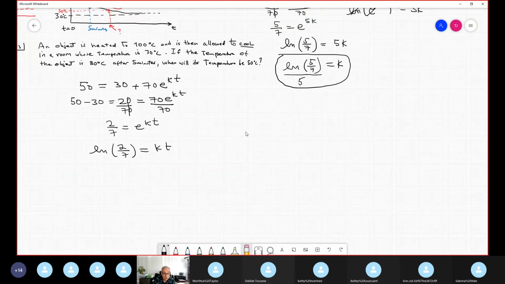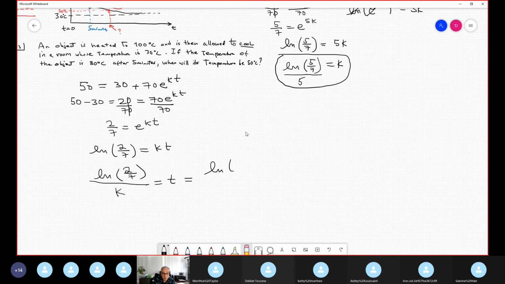Now the T, which is exactly what I'm looking for, is natural logarithm of 2 over 7 divided by K. This is T. And who is K? This is K. So T is natural logarithm of 2 over 7 divided by K, where K is natural logarithm of 5 over 7 over 5.